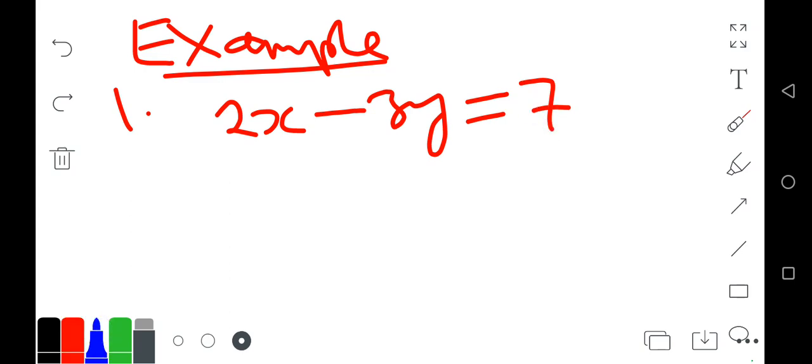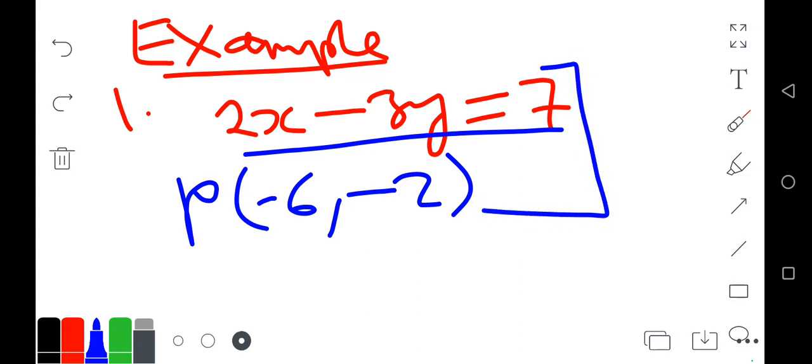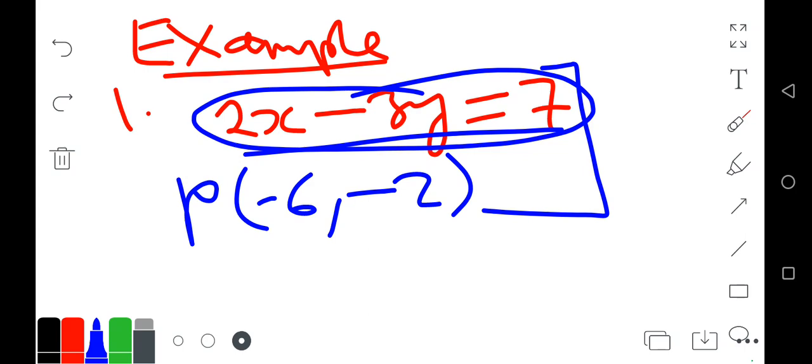Now, we want a line that is parallel to this, and it passes through a point on the graph, let's say P is negative 6, negative 2. How can we find the equation that is parallel to this line?